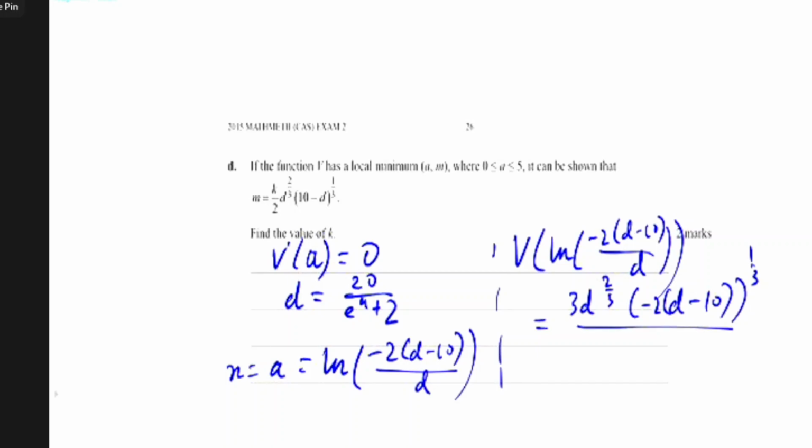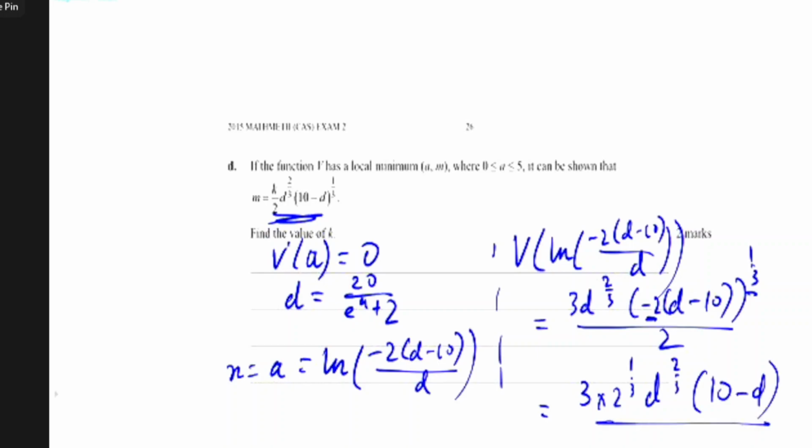You can take this 2 out from here, so that's equal to 3, because you're trying to make it in the form of this. So 3 times 2 to the power 1/3 d^(2/3) times (10 minus d) over 2. And so here this number is equal to k. So k is equal to 3 times 2 to the power 1/3. That's it from me.